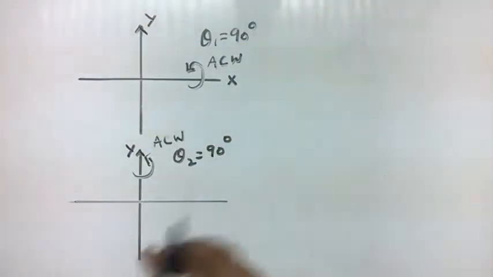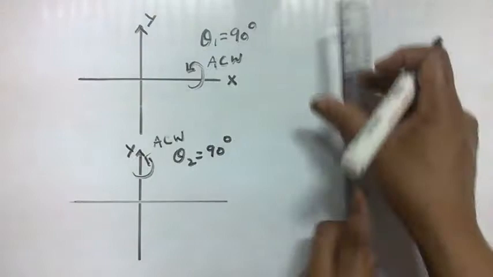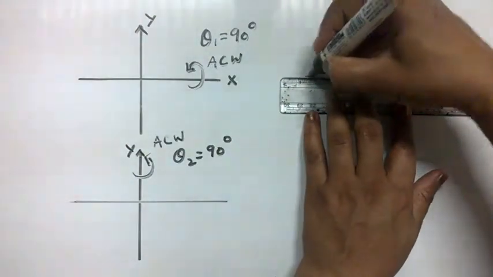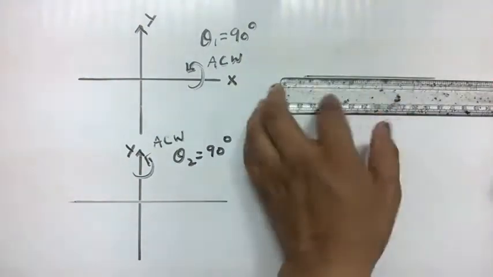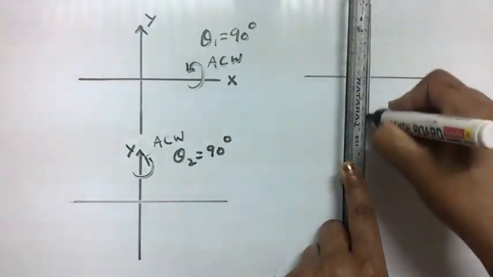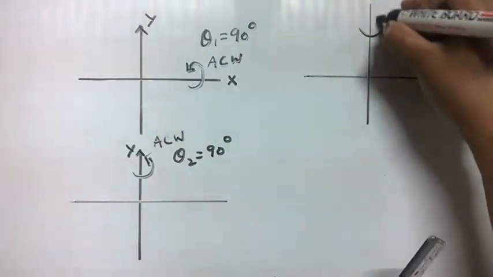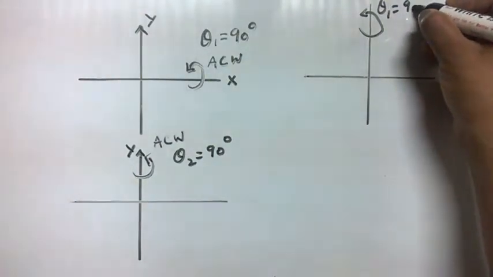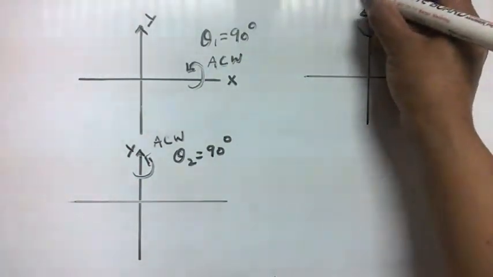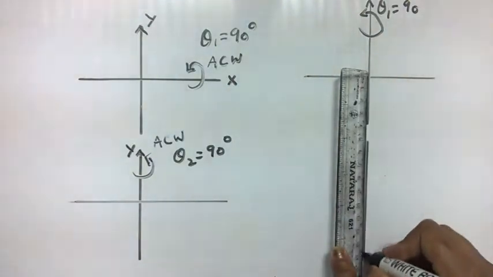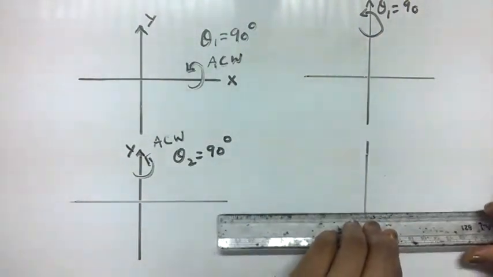Now note the position of the book. Now again repeat it, and now first rotate the book along the y-axis by 90 degrees. Here now theta 1 is 90, which is along y. Then rotate it along the x-axis by 90 degrees in anti-clockwise direction.